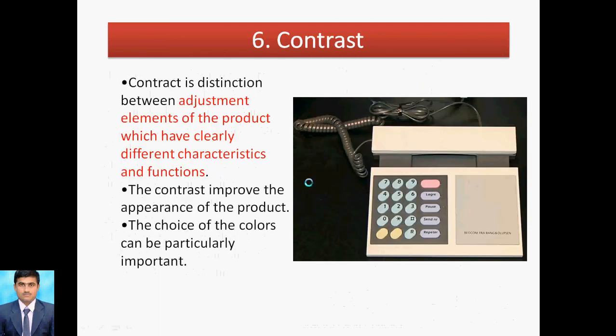The next point is contrast. Contrast indicates different characteristics. Different characteristics means, suppose we are giving different colors, so that the key patterns have a different color, and the telephone has a holder of a different color.